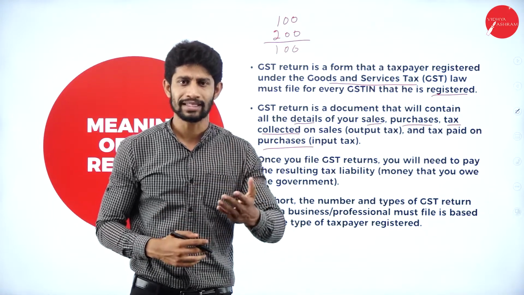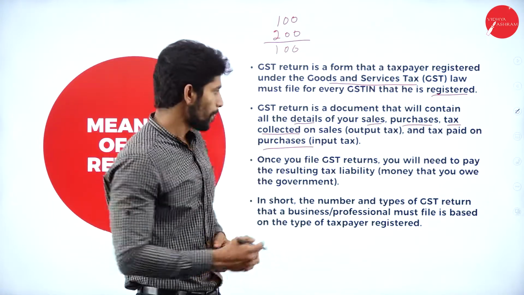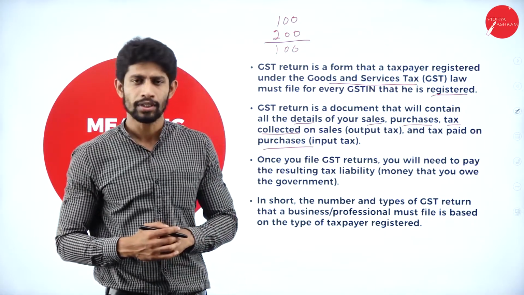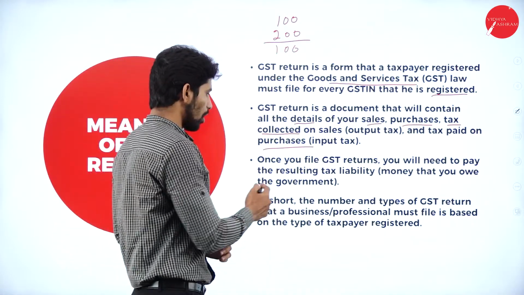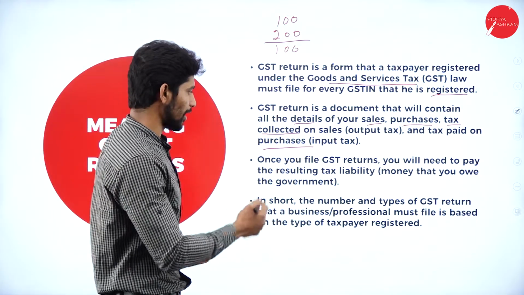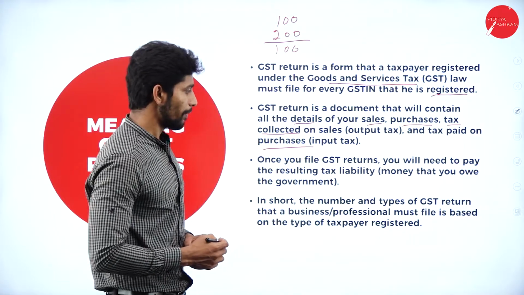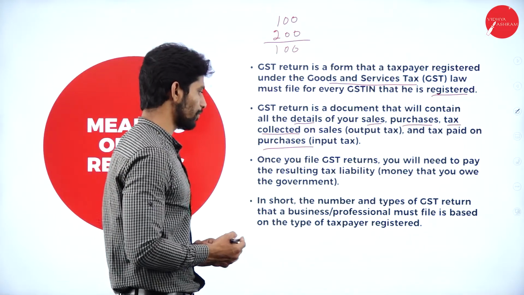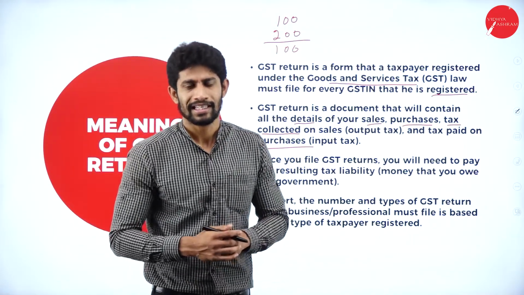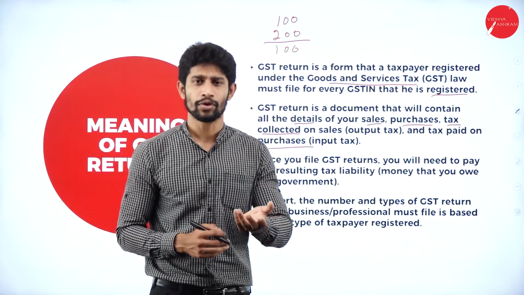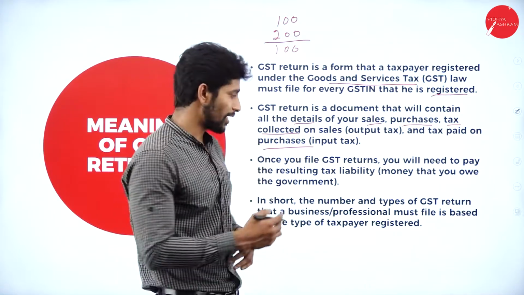So once you are filing the GSTR return form, you are supposed to pay the resulting tax liability to the government. So in short, the number and types of GST return that a business or a professional must file is based on the type of taxpayer registered. Yes, in GSTR return, the number of forms you are going to fill is based upon the registration type.